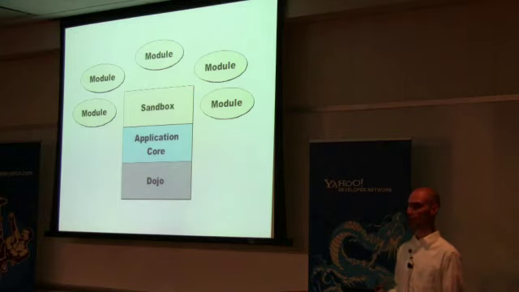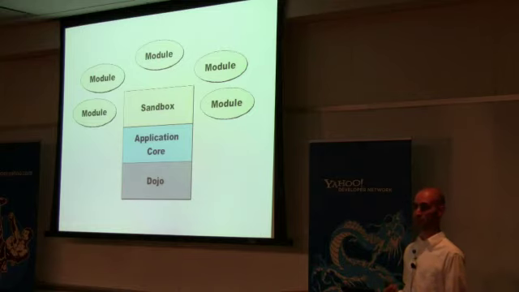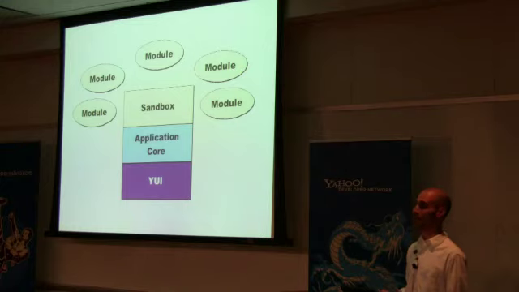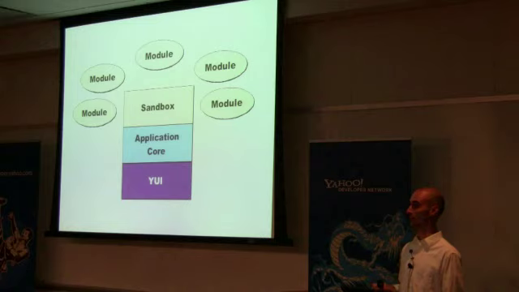So I could start out with my application built on Dojo and decide later on that's not doing it for me, and what I really want to do is switch it to YUI. Now, if the application core is the only thing that knows about the base library, this is completely possible, because you don't need to change anything else in the architecture. As soon as other parts know about the base library, trying to do this swap becomes a lot more painful and a lot more dangerous.